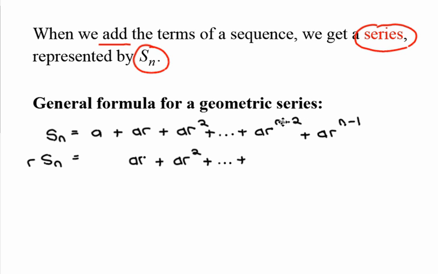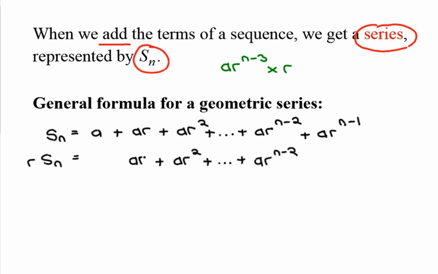Okay, now actually there's another term before this one, which is ar^(n-3). If I times ar^(n-3) by r, I'm going to get ar^(n-2). And if you've forgotten some of your exponent laws, just bear with me, let me quickly show you how that worked. So here, if I had ar^(n-3), and I multiplied it by r.